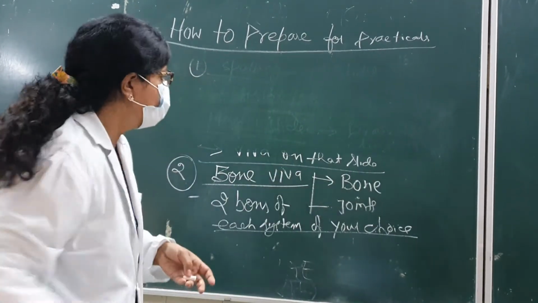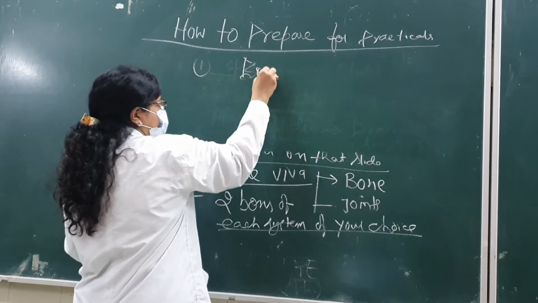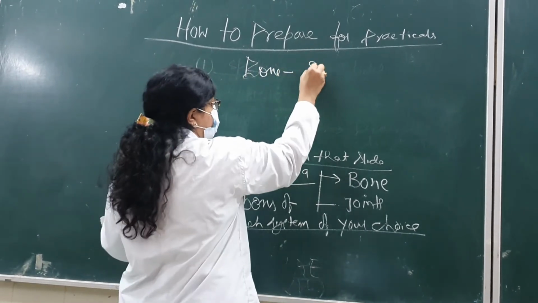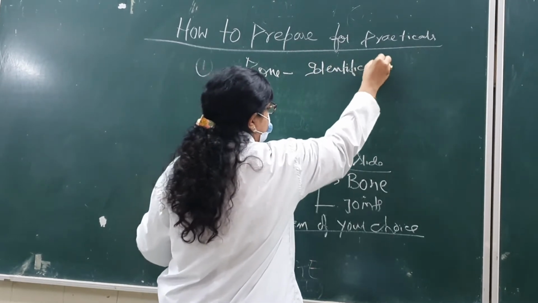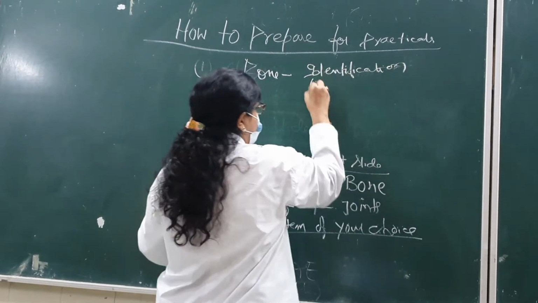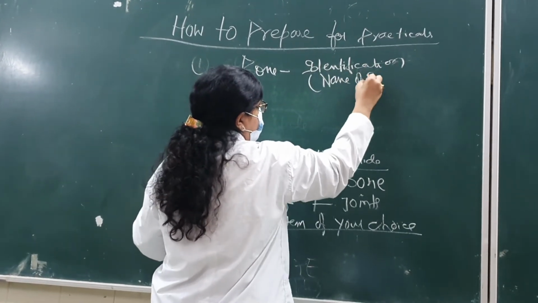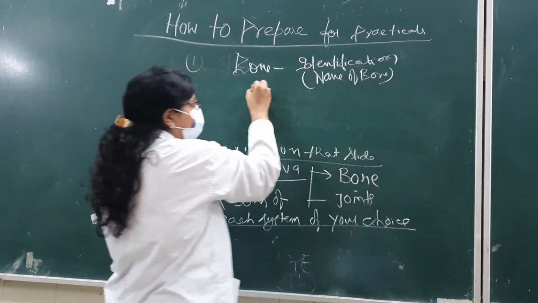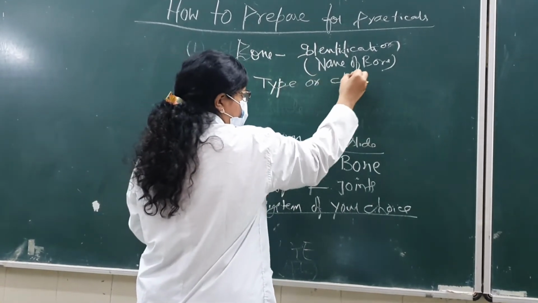So in bone, what is the first point? First point is identification, name of the bone. What is that bone? Identification or name of the bone. Then type or classification.